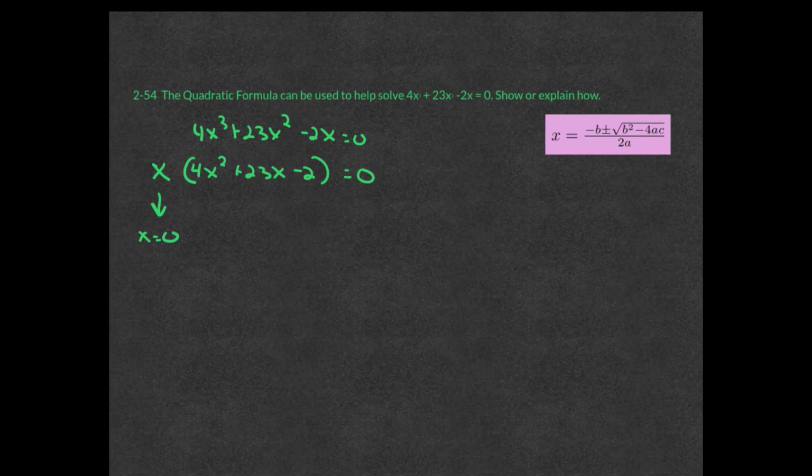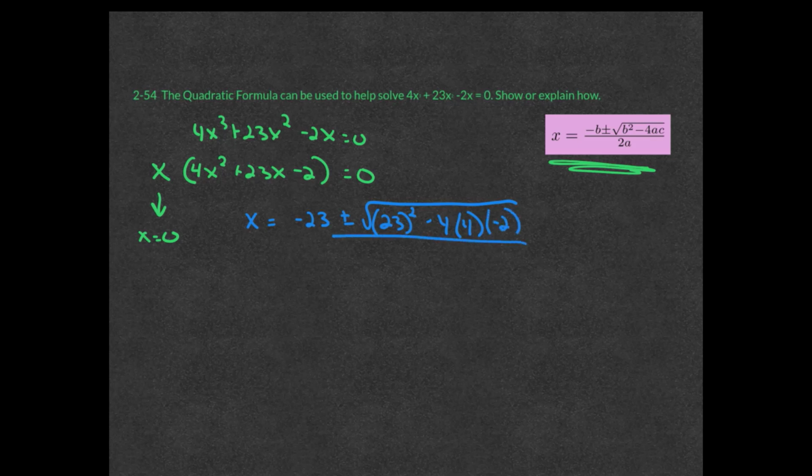And then what I'm going to do is take the rest of the information and plug it in to the quadratic formula, which you'll see I have listed right here. Okay, so let's get another pen color for that. So x is going to equal, and it says negative b, so it's a negative 23 plus or minus the square root of 23 squared minus 4 times a, which is 4, times c, which is a negative 2, all over 2 times 4.